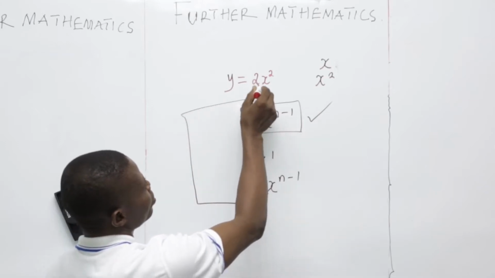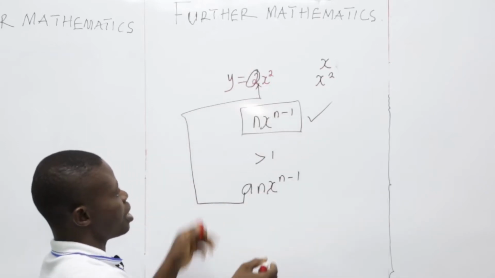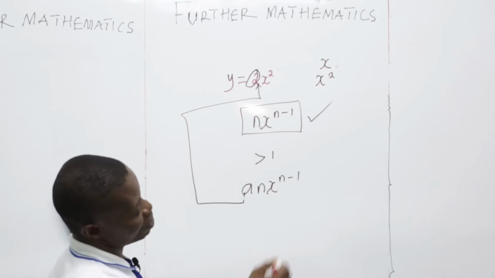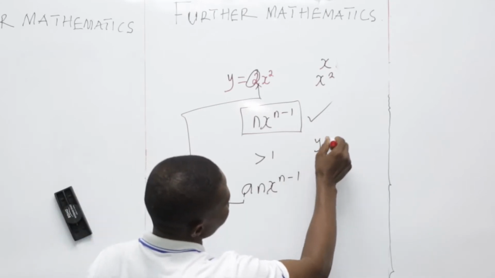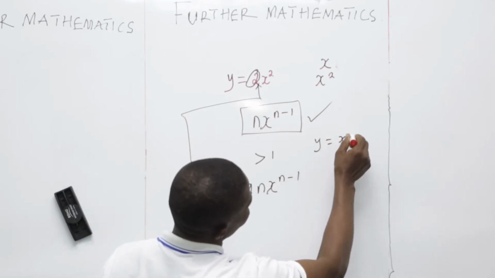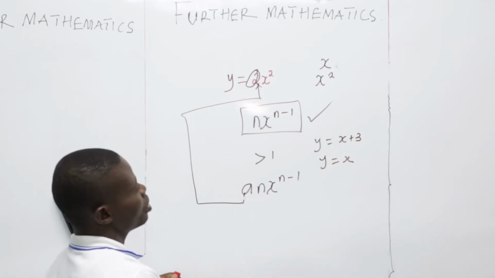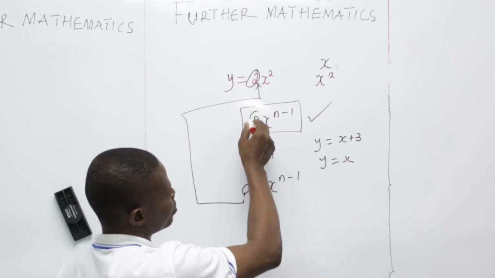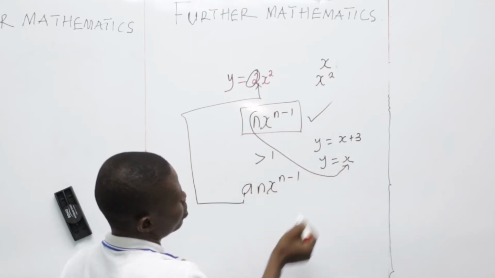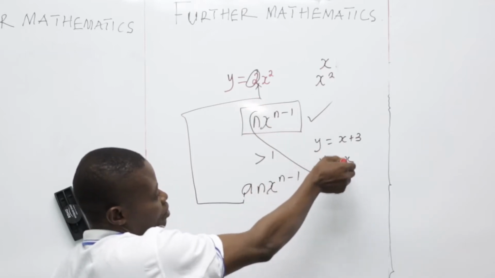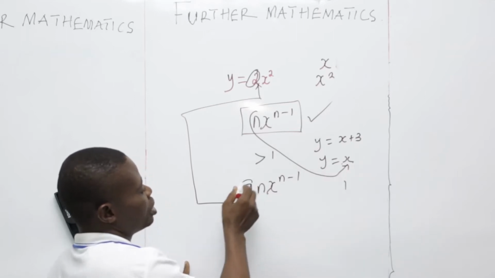Look at this, 2. Here, a is 2. But if I have y equals x plus 3, or y equals x, the formula is this, direct, because the coefficient of x is just 1. Therefore, we don't need this constant.